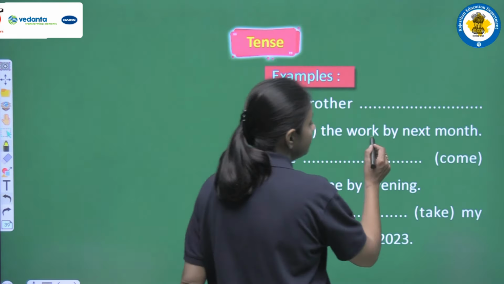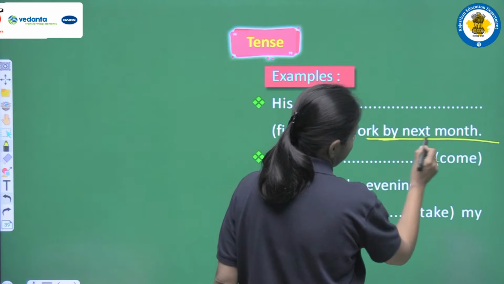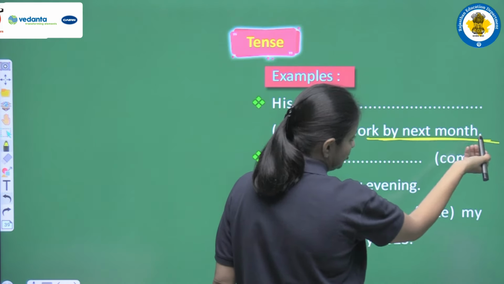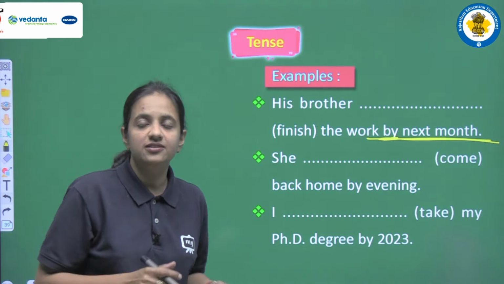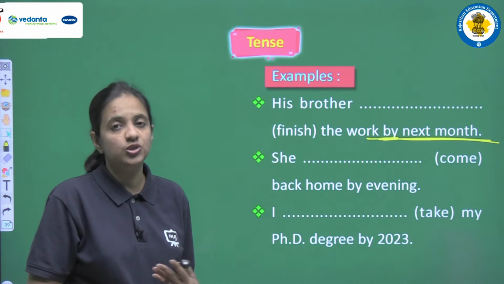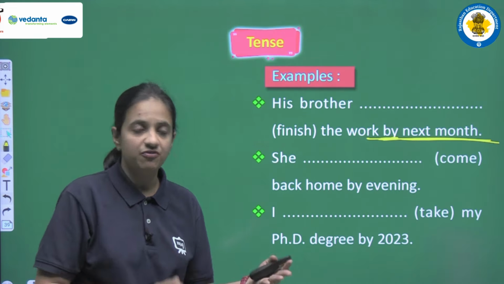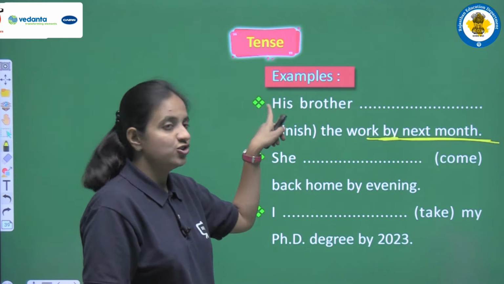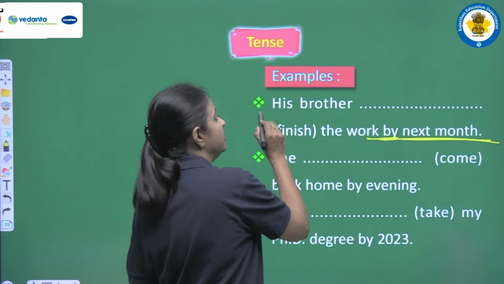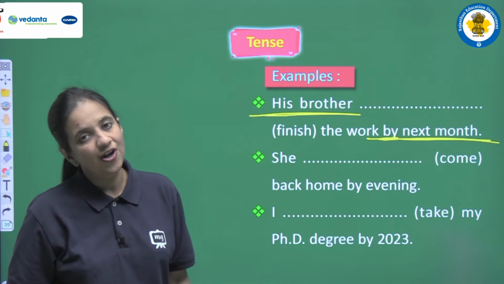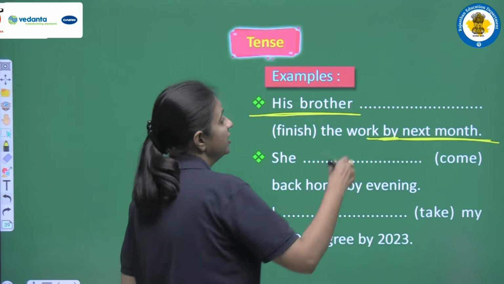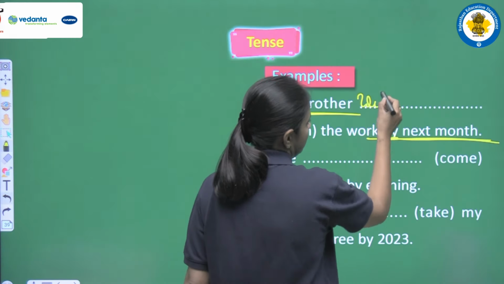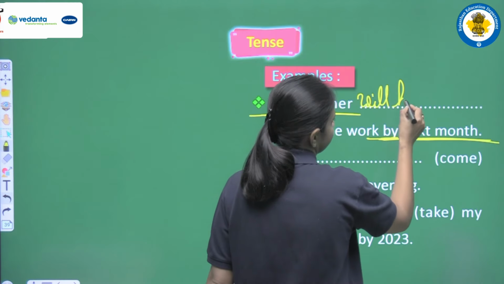So we are having by plus time, okay, we are having future time, that is next month, and we are having by. So we can say this sentence shows that we have to use future perfect tense here. And now let's talk about the subject. The subject is his brother. So we all know that for brother we have to use will have, okay. So let's write first of all the helping verb, that is will have.